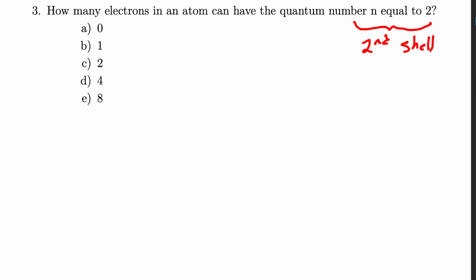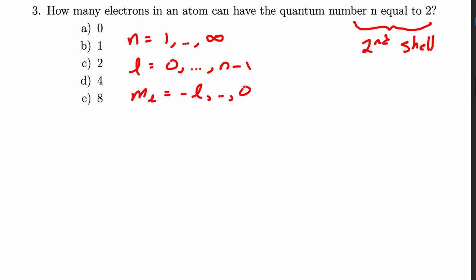Now, the other thing we have to remember is that while N can have values of 1 up into infinity, L can go from 0 to N minus 1, and M sub L goes from minus L through 0 to plus L, and M sub S is plus 1/2 or minus 1/2.